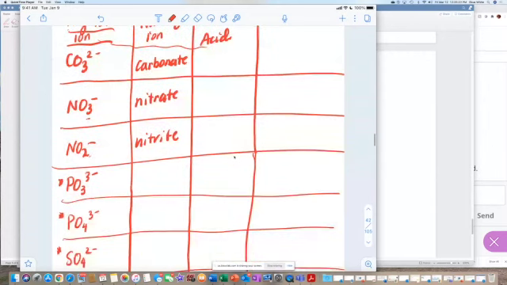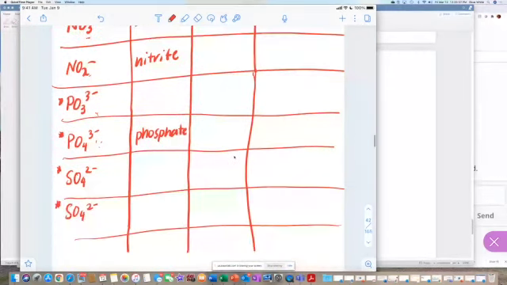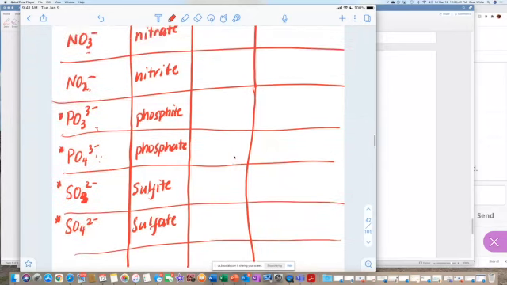One less oxygen. This is more oxygen, so phosphate, phosphite, and I'll make this less oxygen. Sulfite, sulfate.